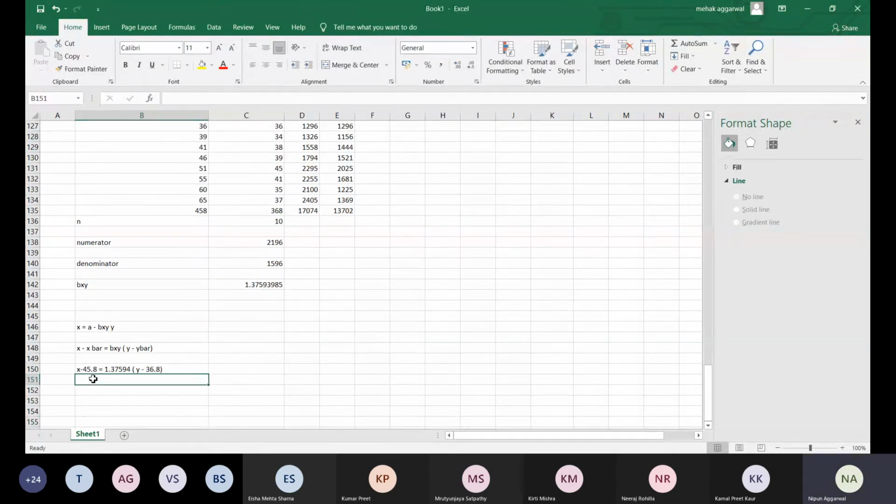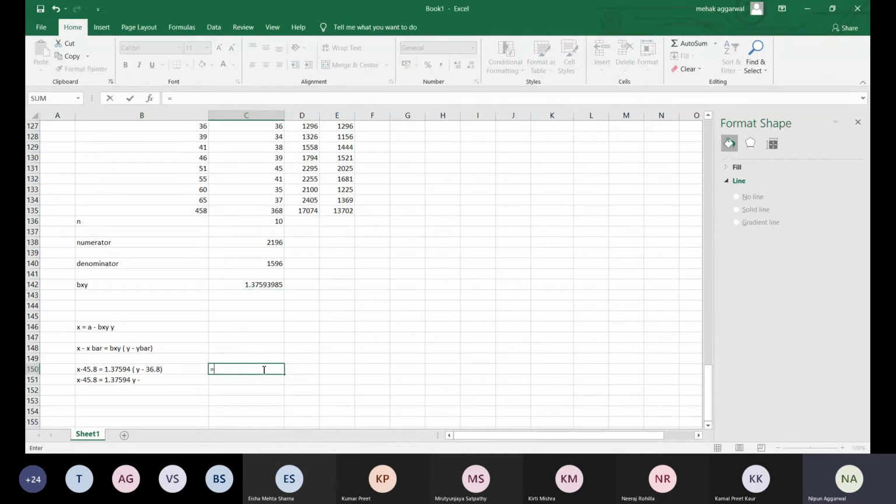So calculate this: x minus 45.8 is equal to 1.37594 y minus 36.8 into 1.37594. You have to open the bracket, and after opening this bracket it comes out to be 50.635.